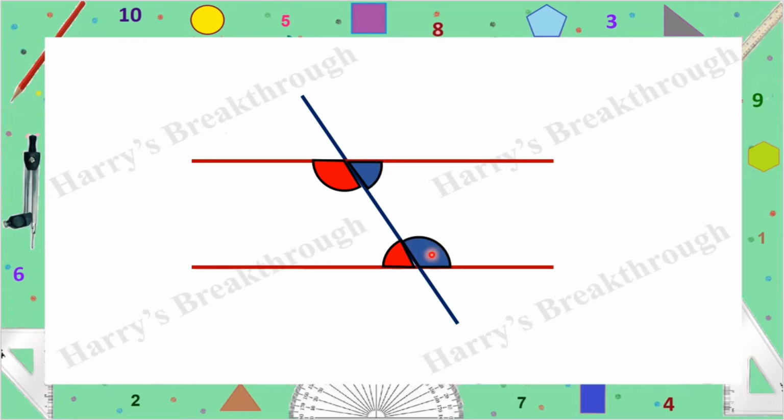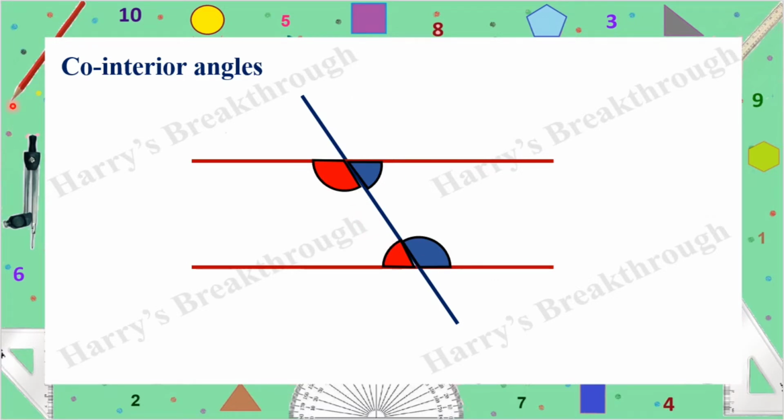And these two blue angles are at interior part of parallel lines and right side of cutting line. So here we got two pairs of angles which are at interior part of parallel lines. And these angles are called co-interior angles. And also the sum of the angles of each of these two pairs is 180 degree.